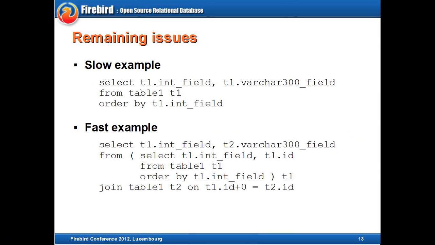The primary key is usually smaller, 4 bytes instead of 8 bytes, and you join the subquery against the same table again to get the varchar back. So the questions will be a bit later, okay? So you have 2 accesses to the same table, but it's still maybe 5 to 10 times faster.